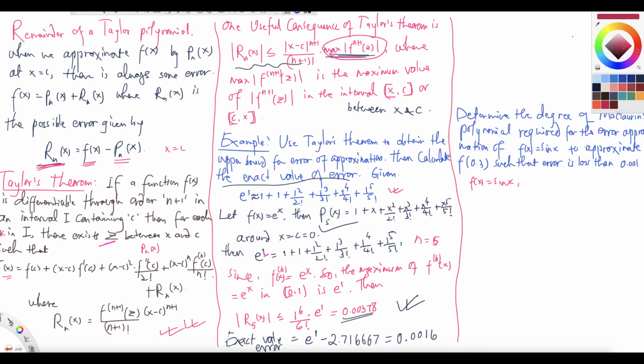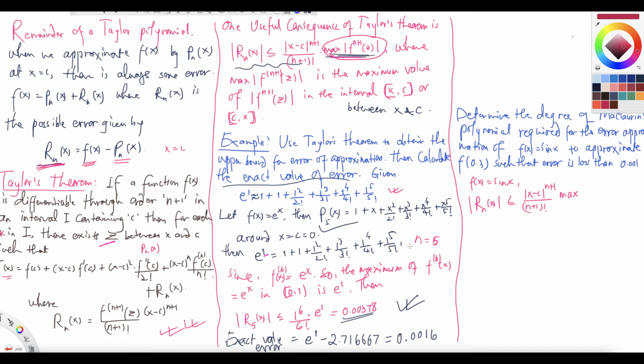Okay, guys. So whatever degree you find out, because you say that we have the absolute value of Rn(x) is less than or equal to |x minus c| to the n plus 1 divided by n plus 1 factorial, and then the maximum of, so you don't actually need, because for Rn, you can use this formula, okay.